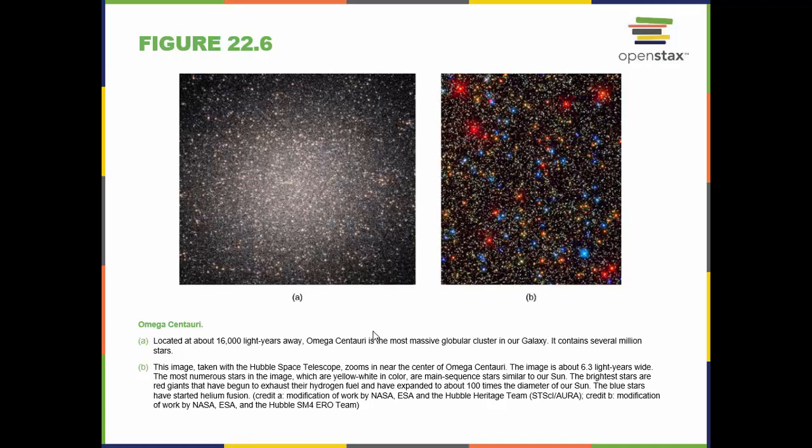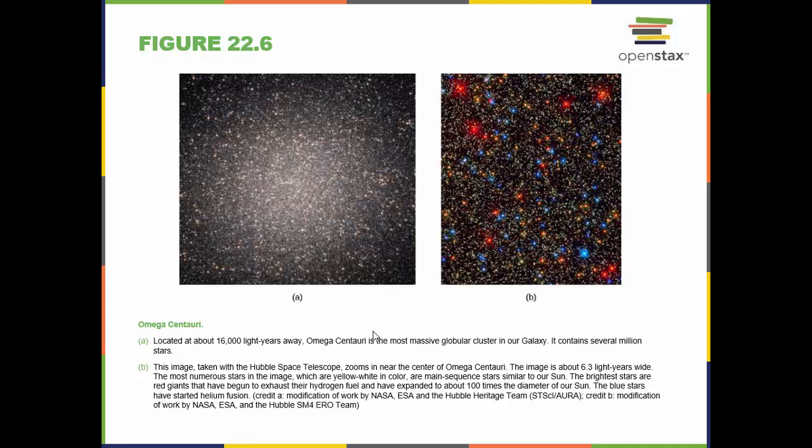So here we see Omega Centauri, and it's located about 16,000 light years away. And it's the most massive globular cluster in our galaxy, and it contains about 7 million stars. If you look at B, this is an image taken with the Hubble Space Telescope, zooming into near the center. And this image is about 6.3 light years wide.